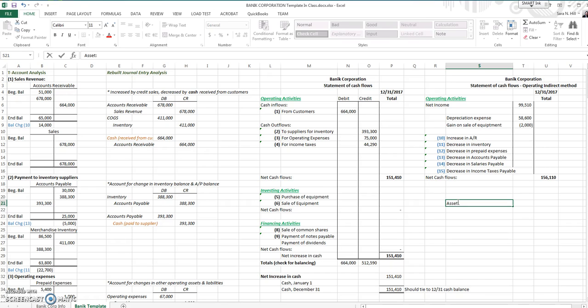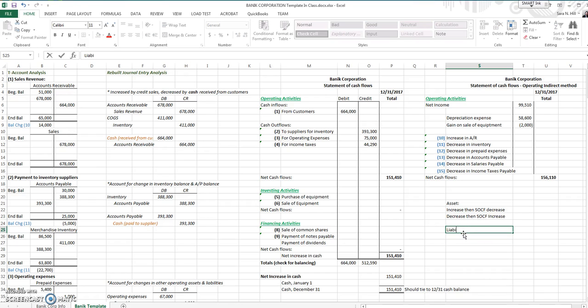If we're looking at an asset account, if we see our asset account increase, meaning the balance increases, then on our statement of cash flows, we're going to want to decrease or subtract that from net income. Okay? If we see a decrease, then our statement of cash flow is going to increase.